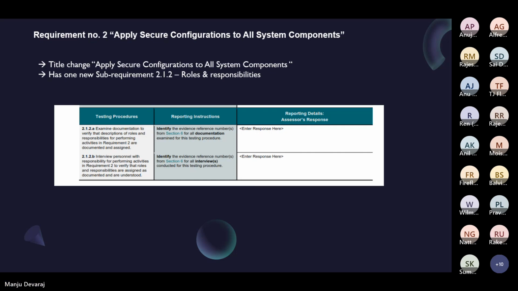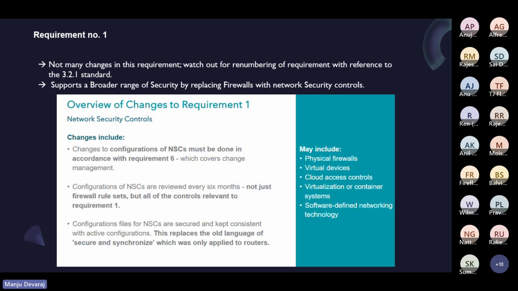Apply secure configuration to all systems. Before, they were talking about more or less hardening, right? You've got to harden the system. Now the terminologies have been changed, but one thing we need to understand, even on requirement number 1: every requirement starts first with roles and responsibility.